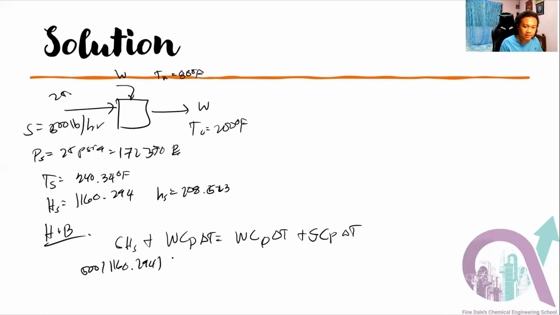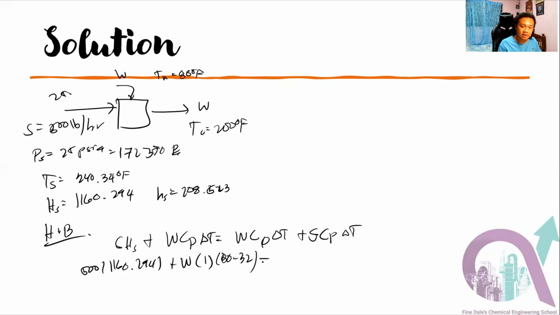Okay, so you have 500 times 1160.294 plus W. CP is 1, right? And then 80 minus 32. 32 is the reference temperature of water in degrees Fahrenheit, which in Celsius is 0, but in Fahrenheit it's 32.